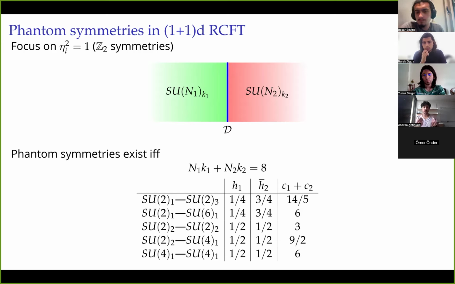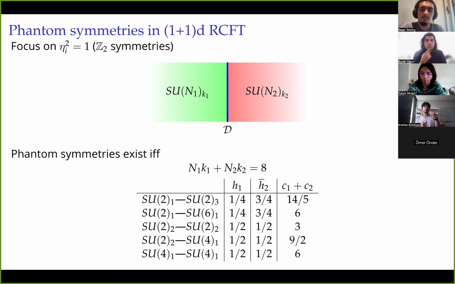The reason is very easy to explain. If you look at the OPE of the current, a U(1) current algebra has 1 appearing on the right-hand side. So you have JJ equal to 1 plus something. So these currents can only be attached to a Z2 line because it must be some line that squares to 1.